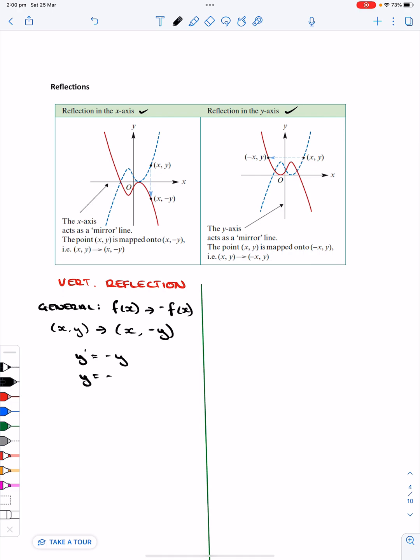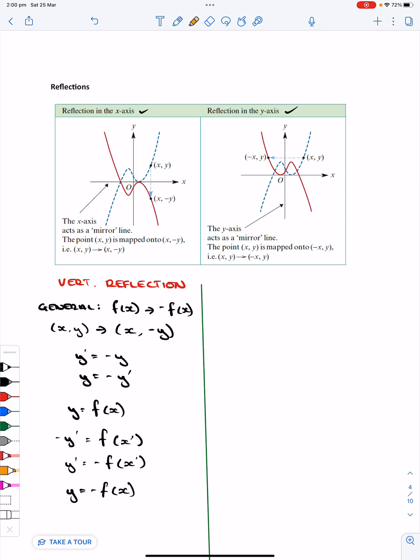This can be then written as y equals negative y image. And then if I discuss y equals f(x), negative y image equals f(x image), okay, y image equals negative f(x image), and this transformed form is written as y equals negative f(x). This general form here is the same as what we're working with at the top.